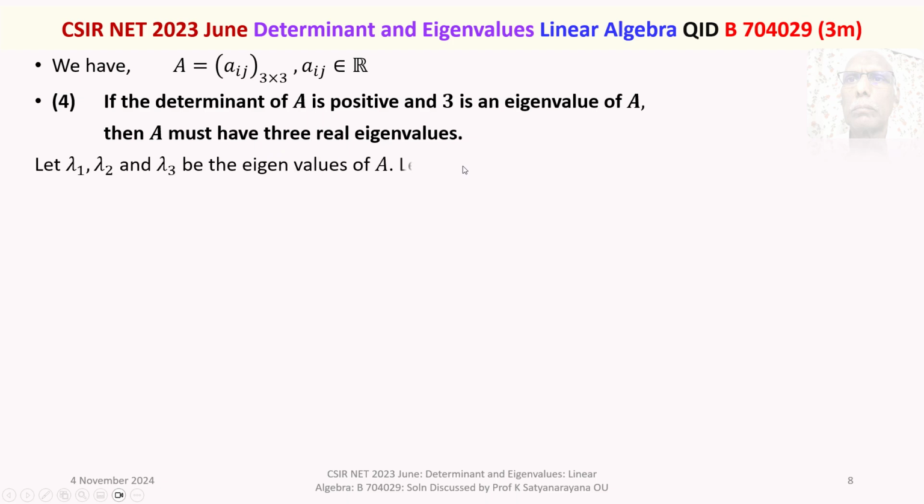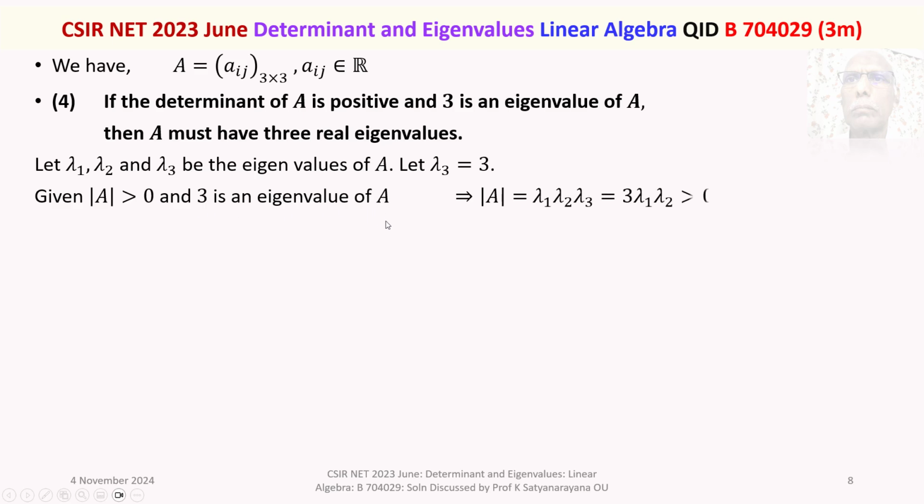As in the earlier case, let lambda 1, lambda 2, lambda 3 be the eigenvalues of A, with lambda 3 equal to 3. The determinant is the product of the eigenvalues, so 3 times lambda 1 lambda 2 is greater than 0. This will imply lambda 1 lambda 2 is greater than 0.